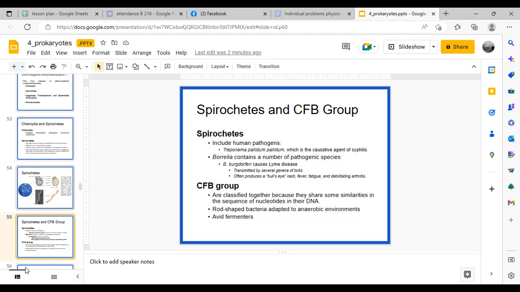Sa CFB group, they're classified together because they share similarities in the sequence of nucleotides in their DNA. So these are rod-shaped bacteria. They live in environments with less air, and they are avid fermenters.